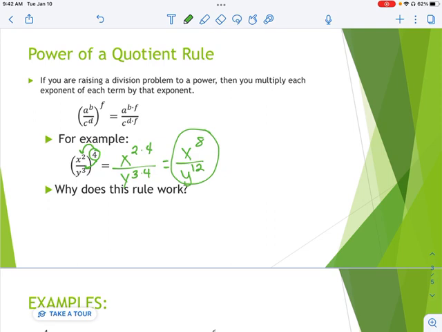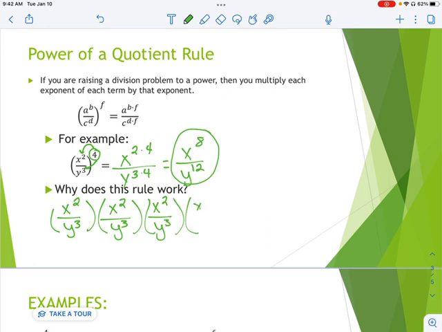Now, why does this rule work? Well, if you remember, the exponent of 4 means that I have 4 of that grouping. And if you look, you have 4 of that grouping. So that means for each of those groupings, you have an x times x.